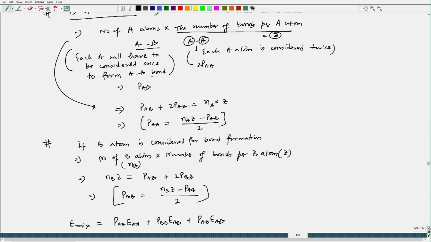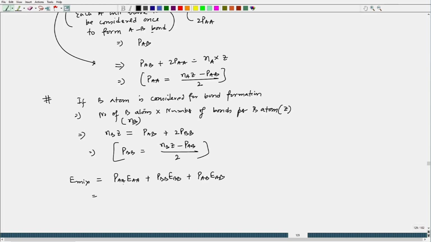Now, I am replacing PAA, which is (NAZ minus PAB) by 2 EAA, plus (NBZ minus PAB) by 2 into EBB, plus PAB EAB.